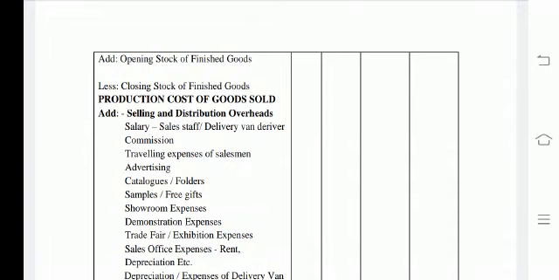For that again you add the selling and distribution overhead.